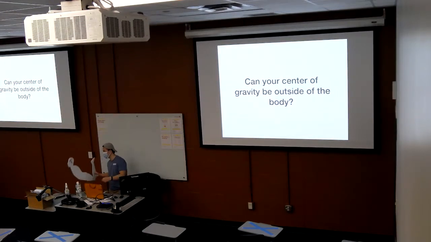We got an excellent example here. Like in this position, your center of mass should be crossing this line, right? When I hold him like this, the center of gravity will be aligned here. And if I hold him like this, the center of gravity will be aligned with this gravity line. So you can change your center of mass and also make it outside of your body. Sounds pretty cool, right? At least for me, it's pretty cool.